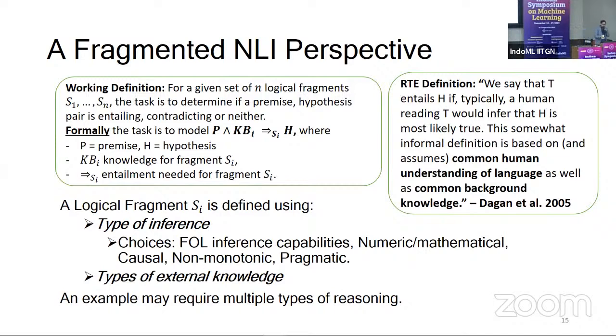So in fact, if you see the RTE definition from Ido Dagan's work, it basically says that this somewhat informal definition is based on common human understanding of language as well as common background knowledge. So they are insinuating towards human reasoning and knowledge even here.